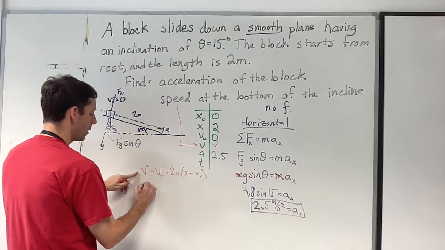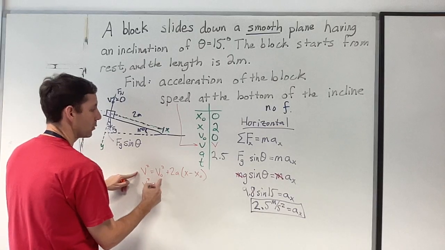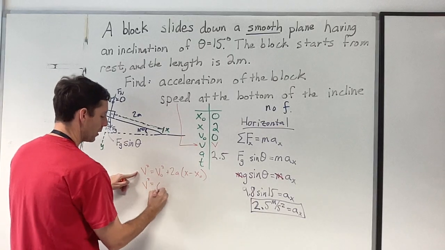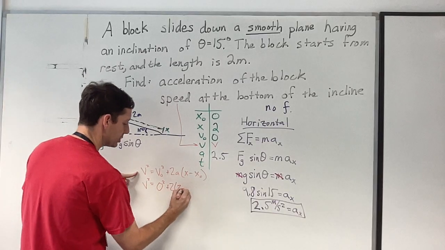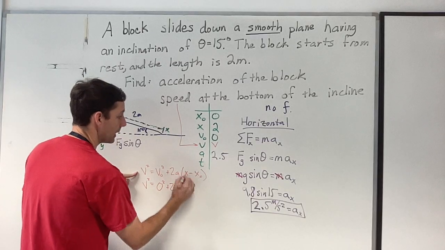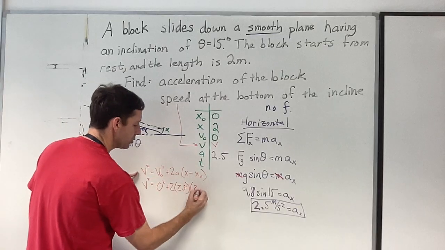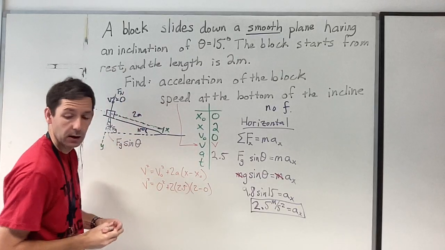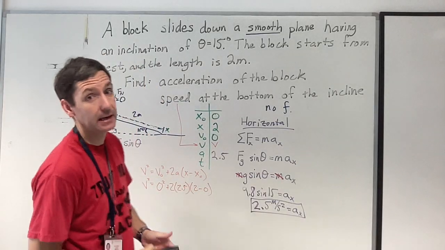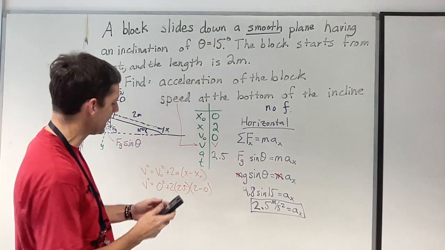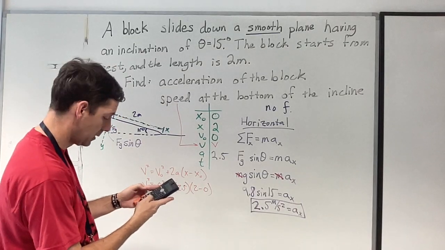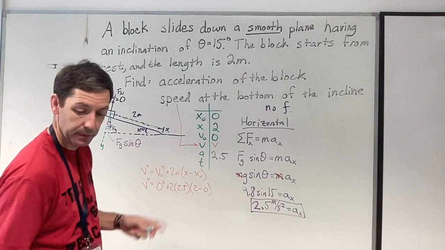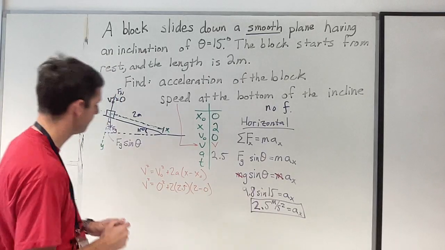So we'll go v squared equals v naught squared, which was 0, plus 2 times a, which is 2.5, times x minus x naught, so that would be 2 minus 0. And from there you can put it in your calculator. We go 2 times 2.5 times another 2, and I get 10.